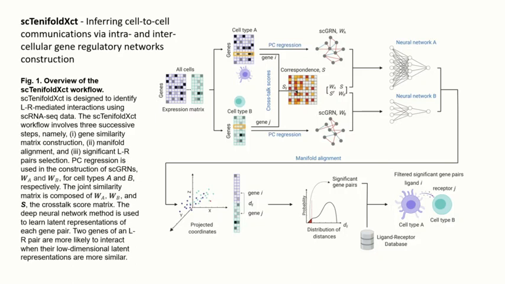So 3 matrices, and then we project using a neural network way all the genes into a low dimensional space. Let's see. These genes, each gene from the data set have 2 copies.